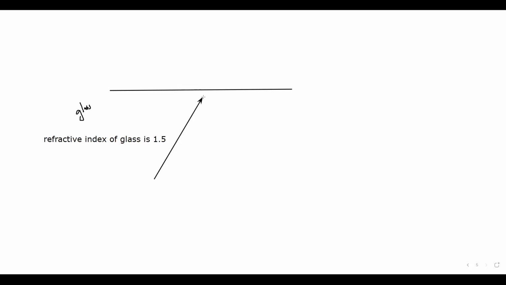And you have to sketch a path for this light ray. It is striking a glass to air boundary. The refractive index is 1.5. Refractive index means the ability of the medium to bend light, the tendency or capability of a medium to bend light. Like 1.5 refractive index means compared to air, this has 1.5 times the capability to bend the light.